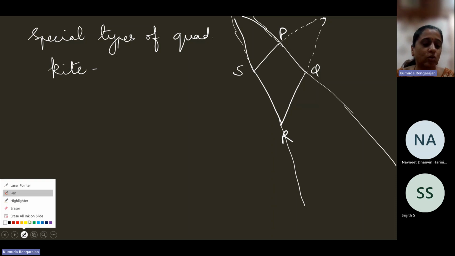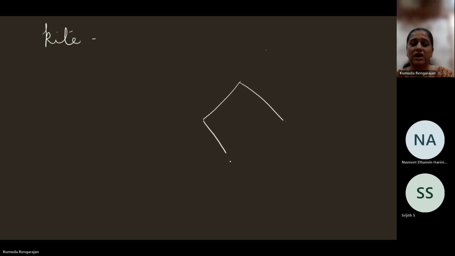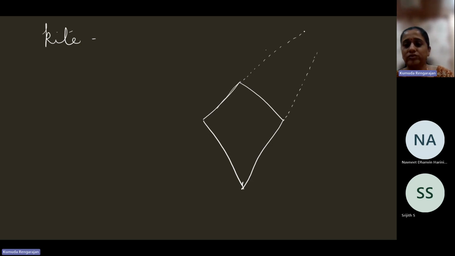So a kite is a quadrilateral in which no pair of opposite sides are parallel. That means when you produce the opposite sides, they'll meet at a point. So this side, if you produce it in a straight line, they'll meet somewhere.